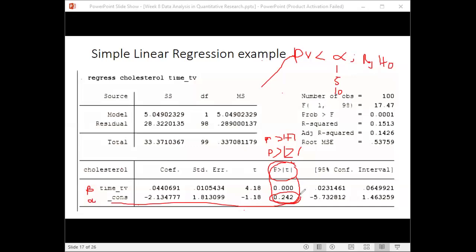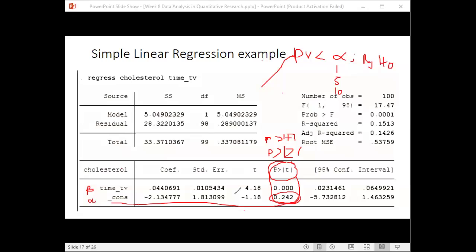Do we reject the H0 or accept the H0? If the p-value is 0.242, what do we do? We accept, because this is 24.2%. It's more than 1, 5, and 10. So we accept the null hypothesis.